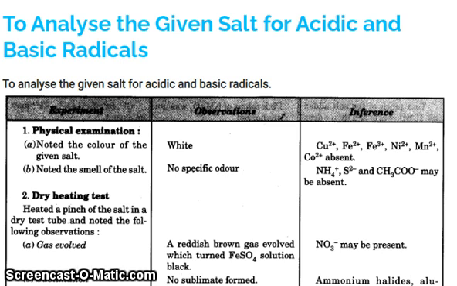Today in this video, I am going to talk about chemistry practical salt analysis. You know friends, in every chemistry examination, especially in intermediate, there will be questions: identify one cationic radical by performing dry and wet tests of the given inorganic salt, or identify one anionic radical by performing dry and wet tests in the given inorganic salt.